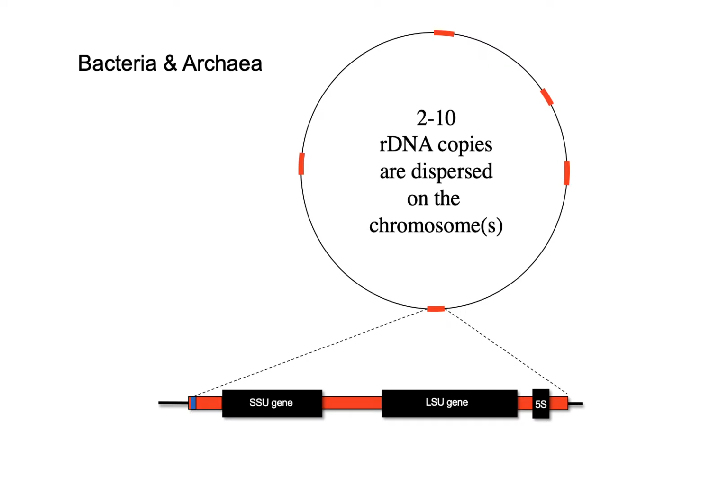In bacteria, the ribosomal genes are dispersed on the chromosome. So most bacteria have between 2 and 10 copies. A few have 1 copy, and a few have more than 10 copies, but by and large 2 to 10.